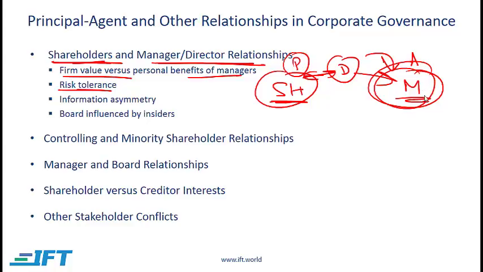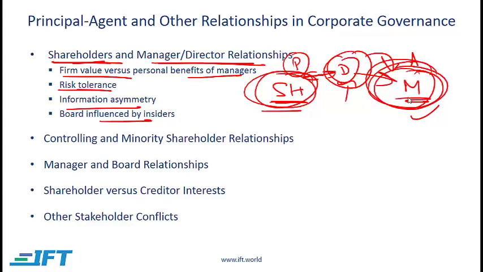At times when managers have out of the money stock options, then they might take on more risk than is necessary. There is information asymmetry because clearly the managers have much more information than shareholders, and it is possible that the board of directors who are supposed to look after the interest of shareholders are influenced by insiders. So insiders would be those who are closely linked with the management of a firm.